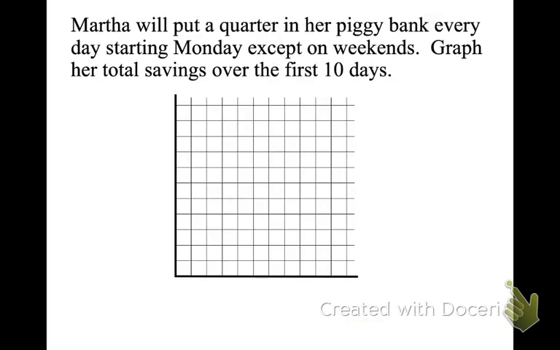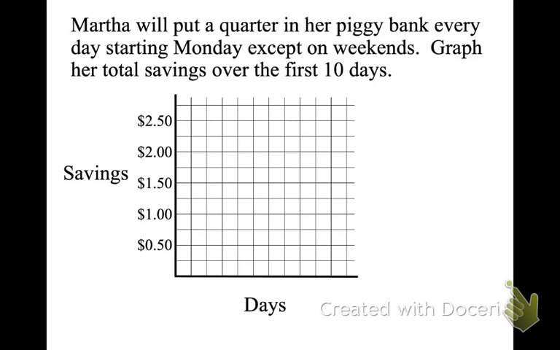If we look at something like this, Martha is putting quarters in her piggy bank every day, starting on Monday, except on weekends. Graph her total savings over the first 10 days. So before we do anything, her starting point after 0 days, what's her savings? 0.